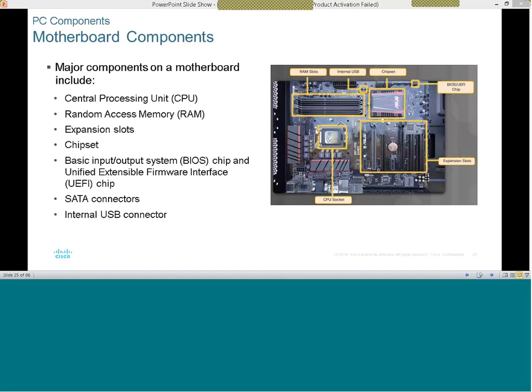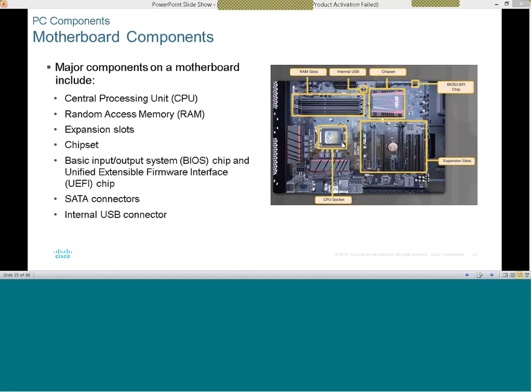So the CPU also contains transistors, and the number of transistors you have inside the CPU determines the speed of the CPU. I'm saying all this because we need to know how powerful the CPU is. That is why you can say, oh, this CPU is dual core, this is Core i3, this is i7 or i5.